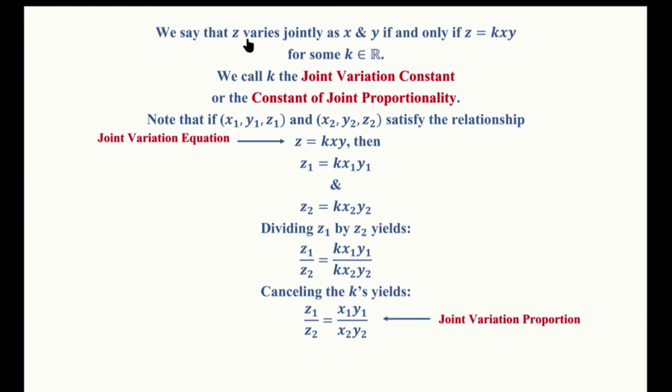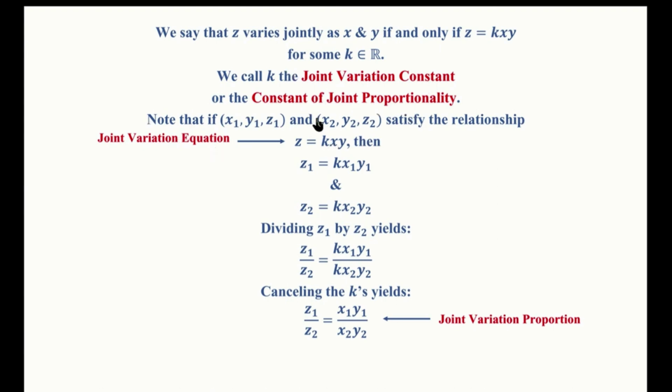And z is varying jointly as both of those values. To say that z varies jointly as x and y is exactly the same as saying that z varies directly as the product of x and y. So that's just another way of saying it. We call this k the joint variation constant, or the constant of joint proportionality.